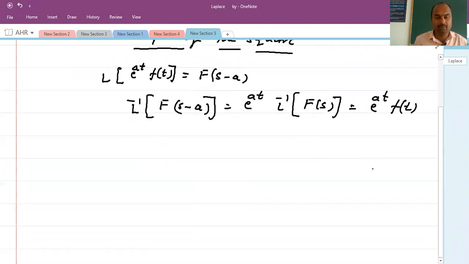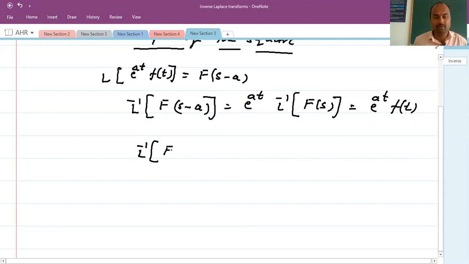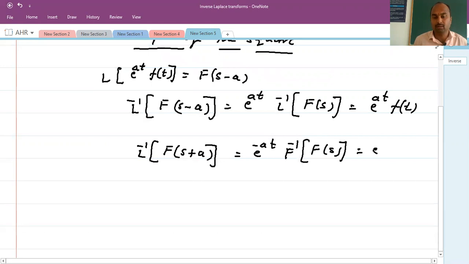Or we may have this form also, that is, suppose you have the inverse Laplace transform of F of s plus a, then you should write e power minus at into the inverse Laplace transform of F of s, which is nothing but e power minus at into f of t. So now I will explain one example on each method.